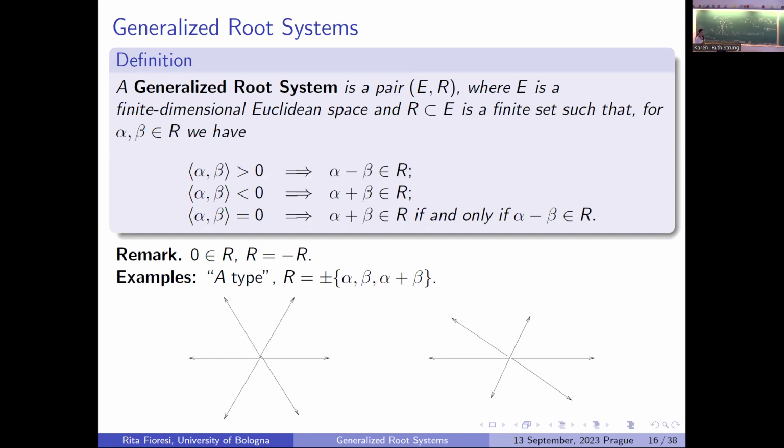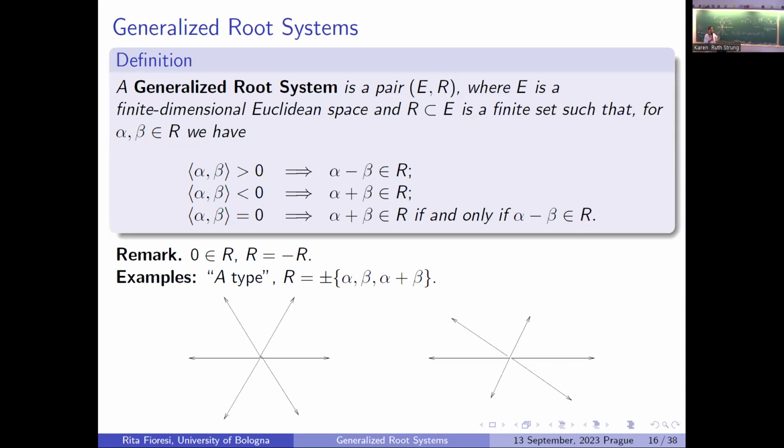Okay, finally, the generalized root system. So what is a generalized root system? You want a Euclidean space, so you have a non-degenerate positive definite form, and you want to play this little game. Whenever there is an obtuse angle, the sum is a root. Whenever there is an acute angle, the difference is a root. Very simple, right?